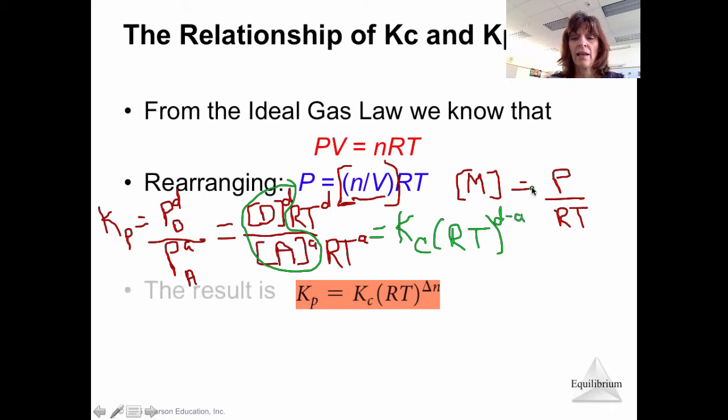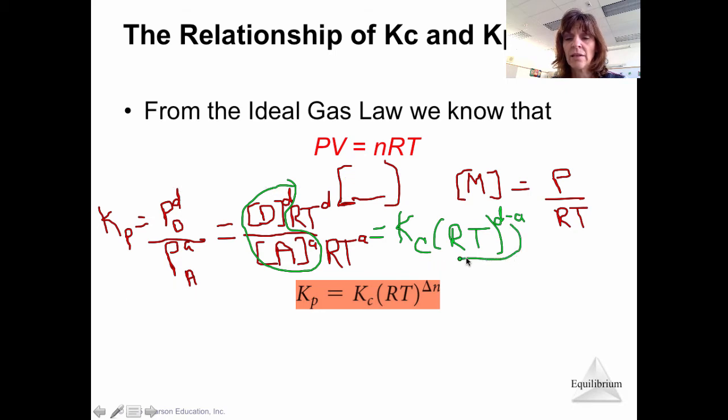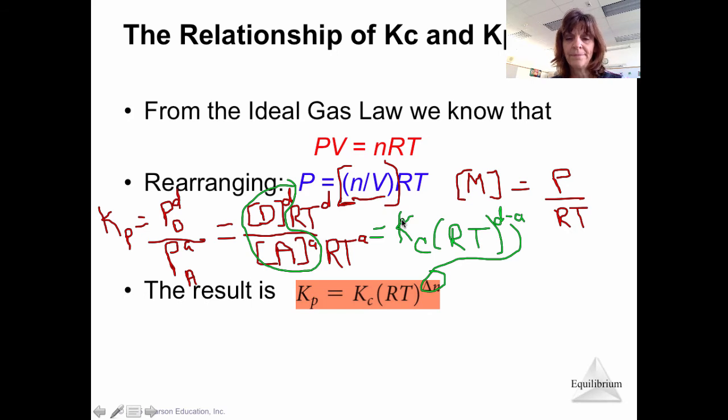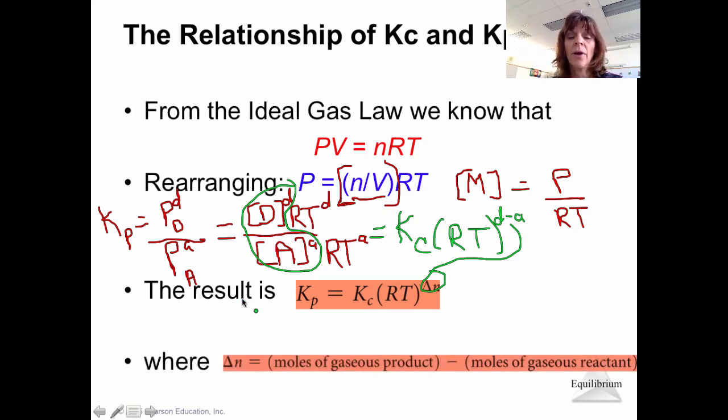And we could simplify that. The d minus a is what is represented here by the delta n. And delta n is the moles of the product, which are going to be in the numerator, minus the moles of the reactant, which are in the denominator.